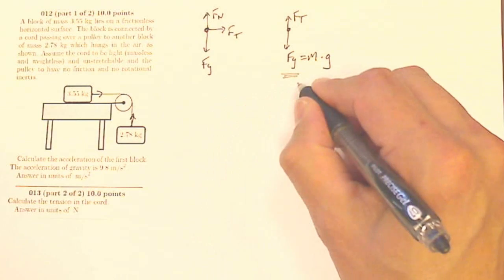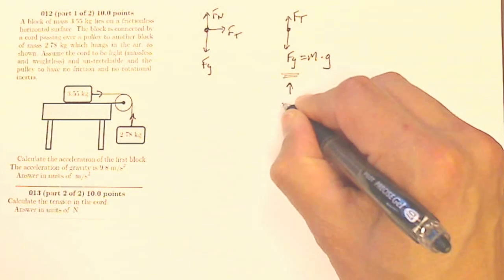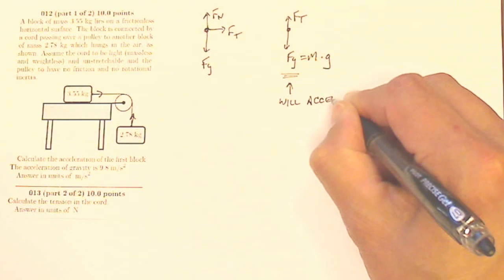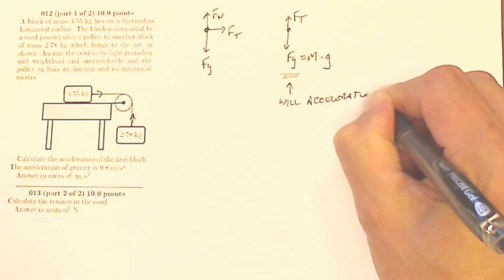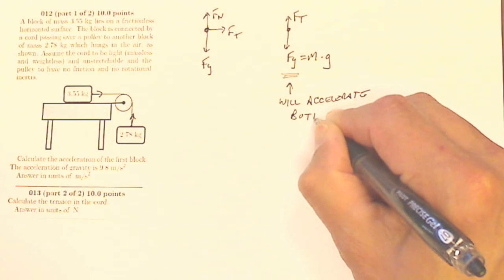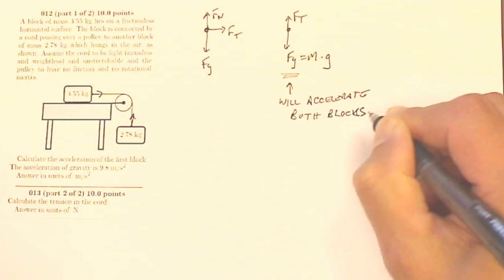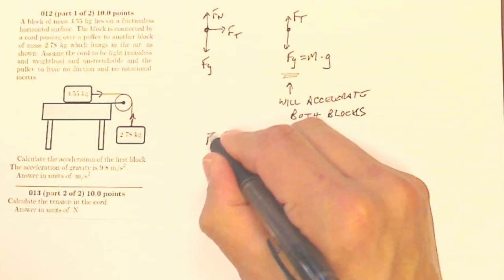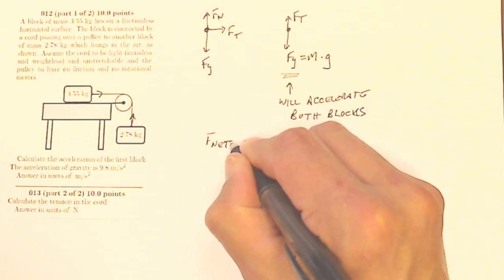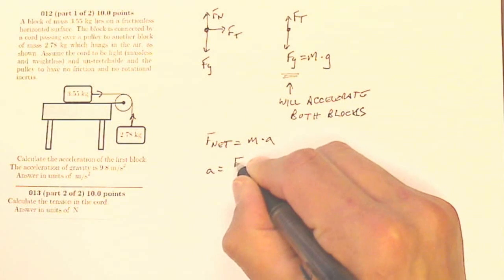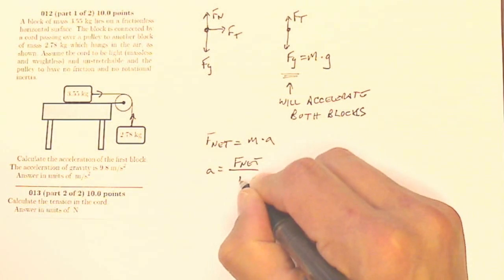That net external force is the force that will accelerate both blocks, or accelerate all the mass. So if I'm going to do net force equals mass times acceleration, my acceleration is going to be my net force over the mass.